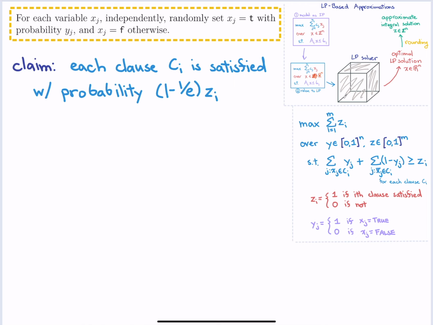Okay, so if I want to calculate the probability that I satisfy Ci, how might I get started?